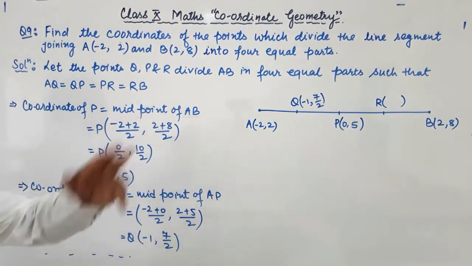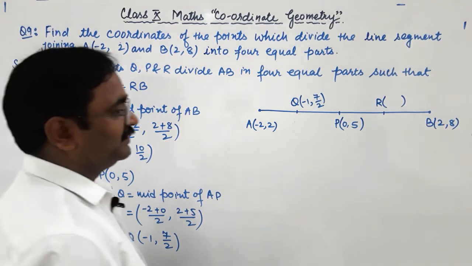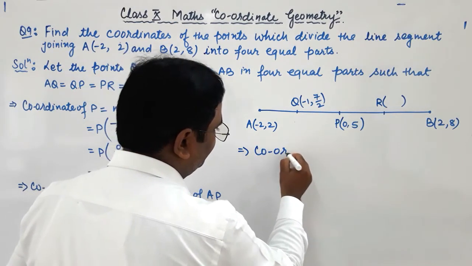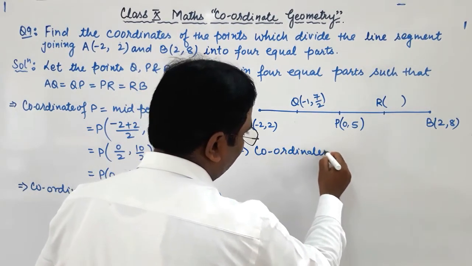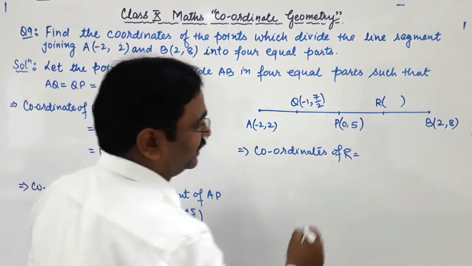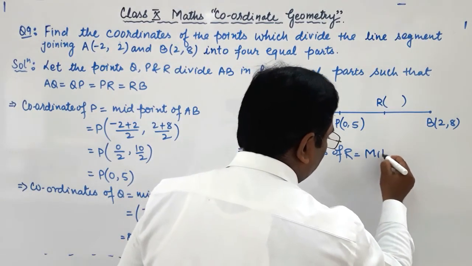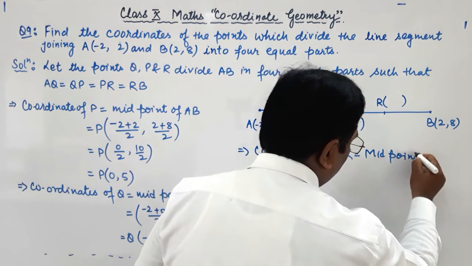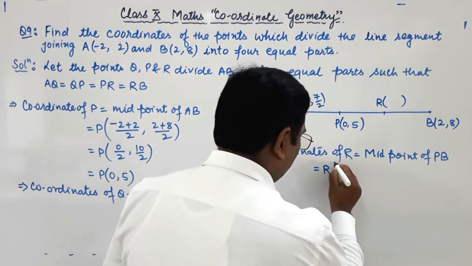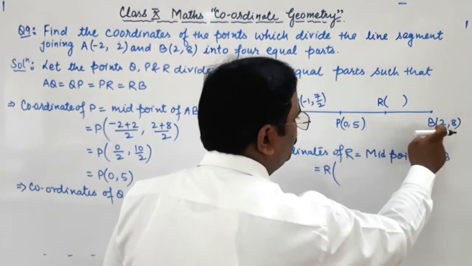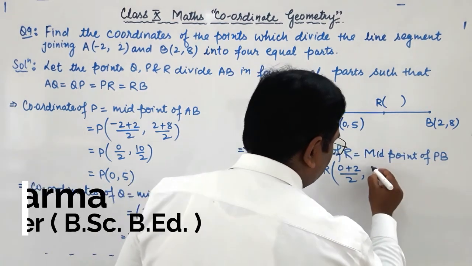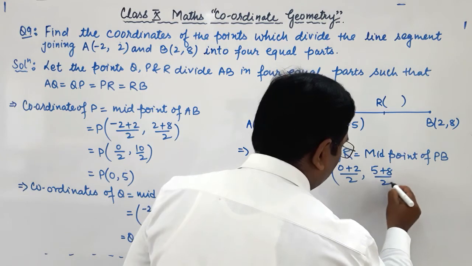Now we need the coordinates of R, right? So to find the coordinates of R, and this R is the midpoint of PB. Therefore the coordinates of R are 0 plus 2 upon 2 and 5 plus 8 upon 2.